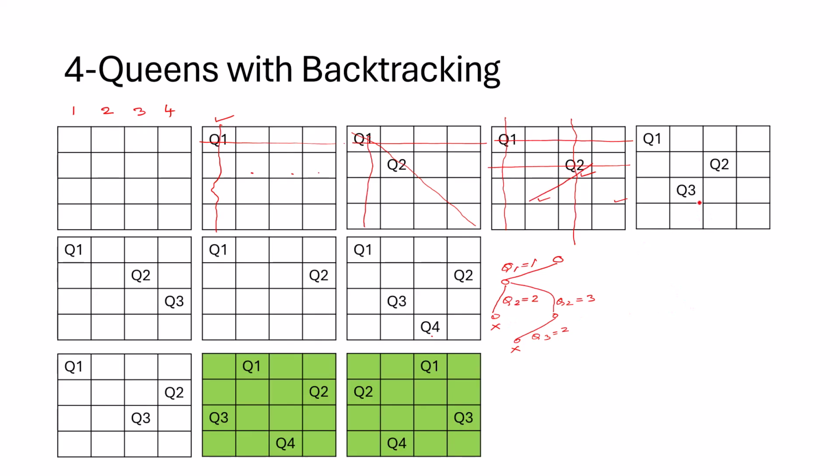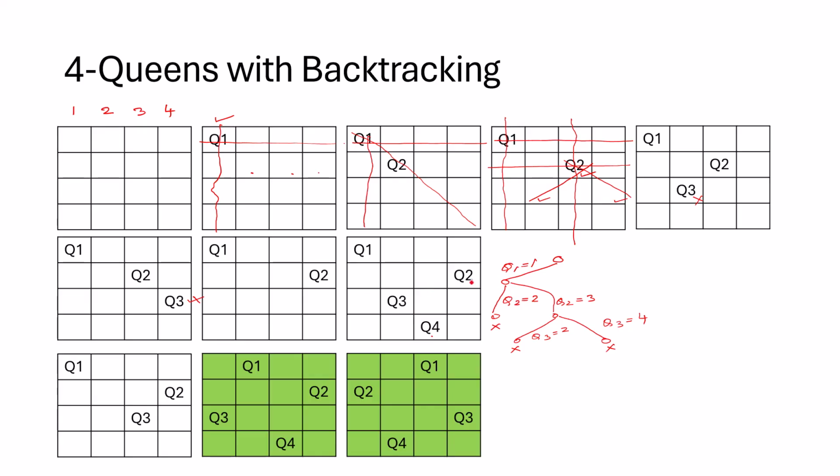So this state is basically not viable. Then we come to this state where we try the other side of q2, the other diagonal. But this diagonal is also not viable. So q3 cannot go there. So if q3 goes to, let's say, q3 equal to 4, that state is also not viable.